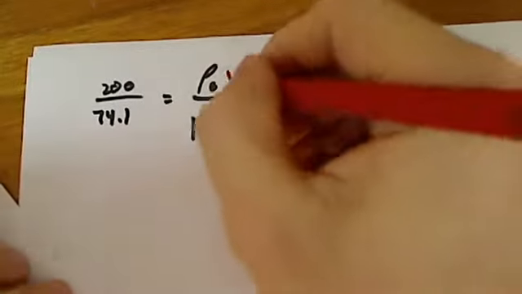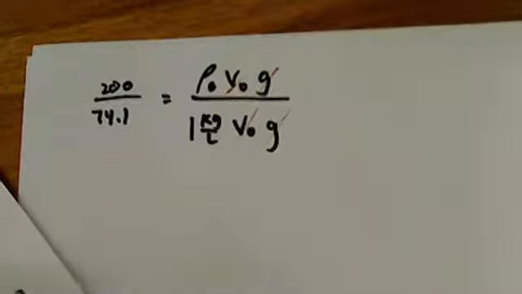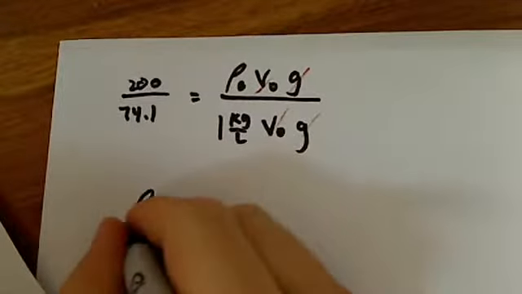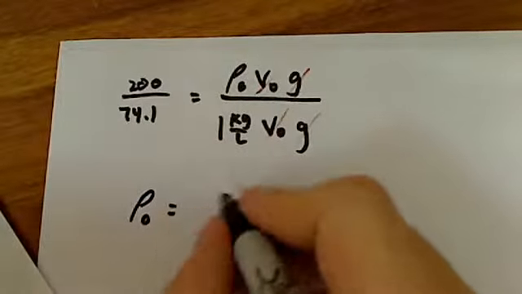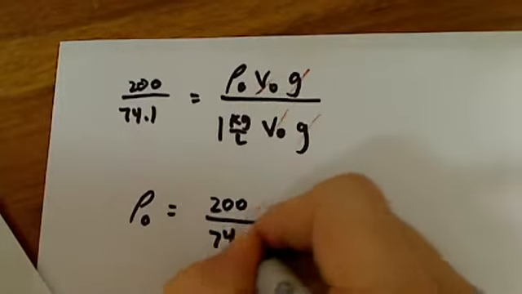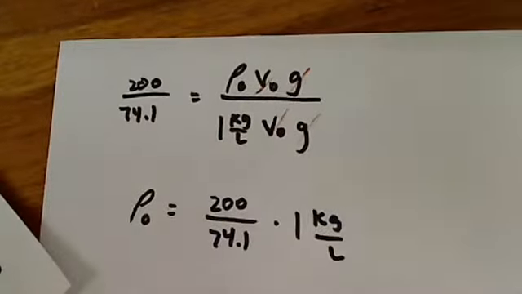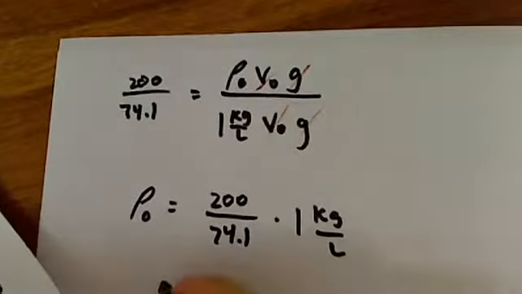We can cancel out our volumes and our gravity. We're just left with rho naught is equal to 200 over 74.1 times 1 kilogram per liter. That's going to be the density of our object.